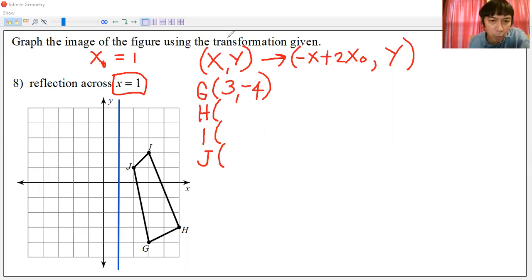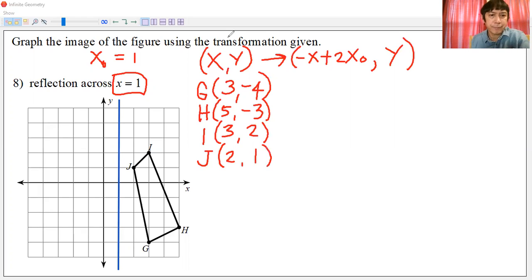How about our point H? That's 5, negative 3. Then our point I looks like 3, 2. And then our point J is located at positive 2, positive 1.